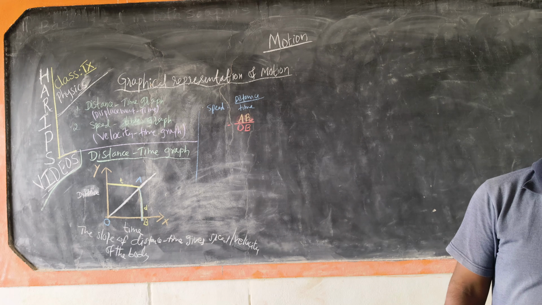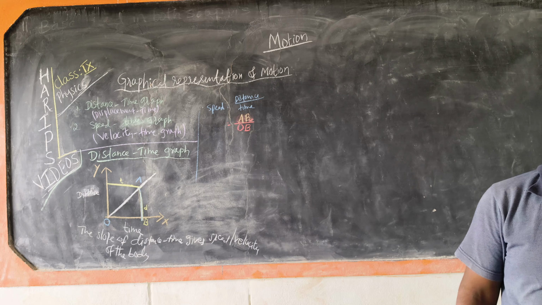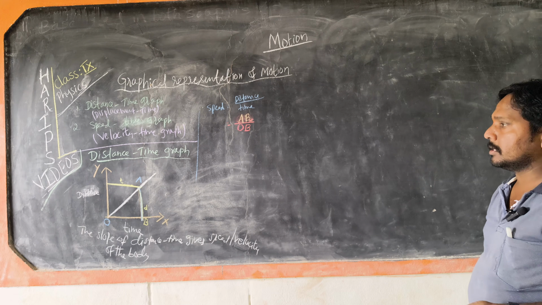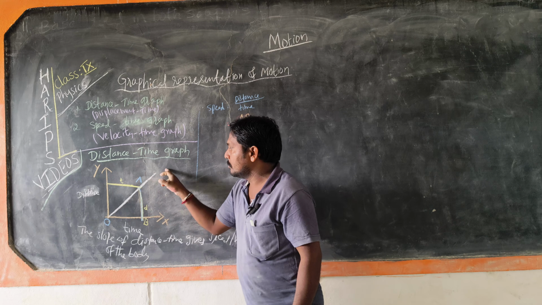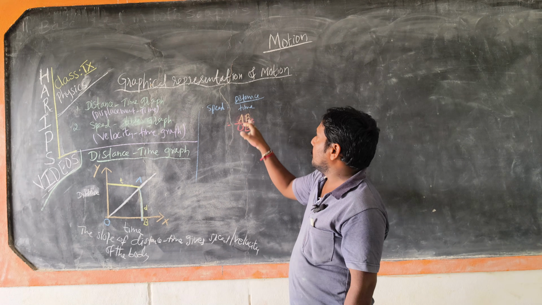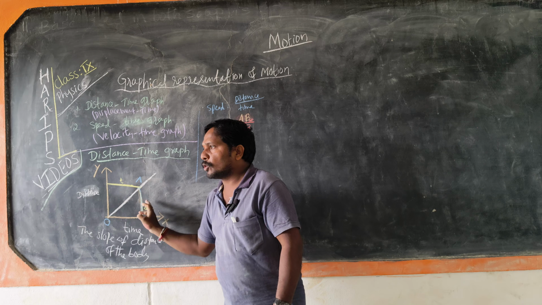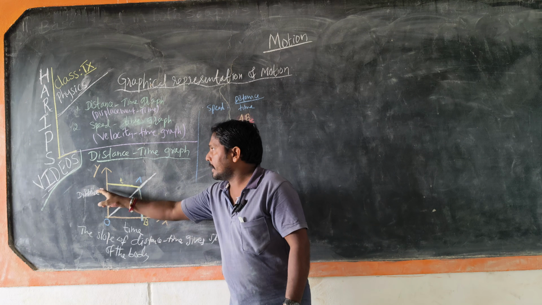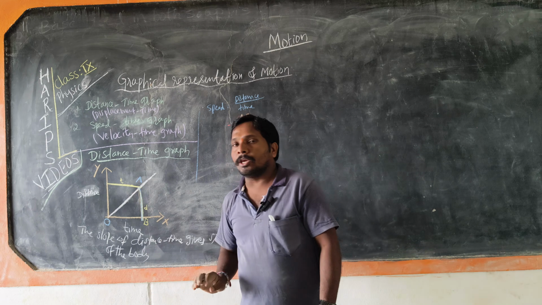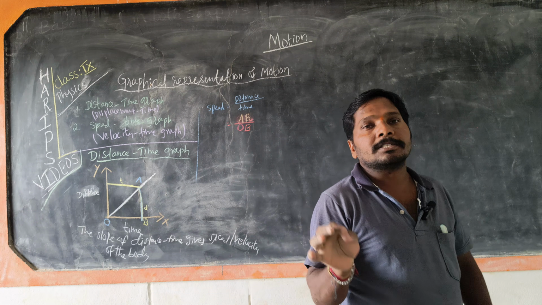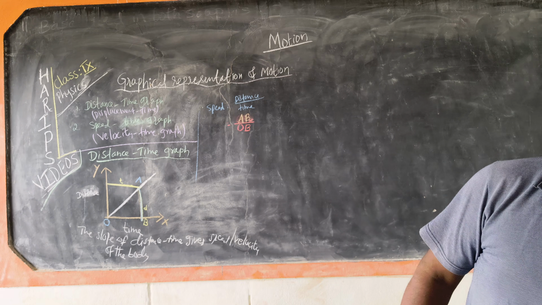Therefore, in a distance time graph of uniform speed, the speed of the body is given by the slope of the graph. Here AB by OB is the slope of the distance time graph. The slope gives the speed or velocity of the body.